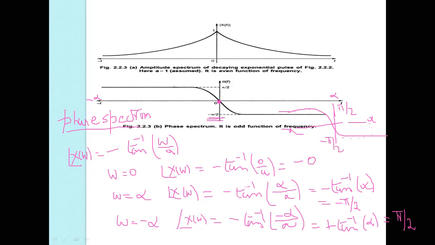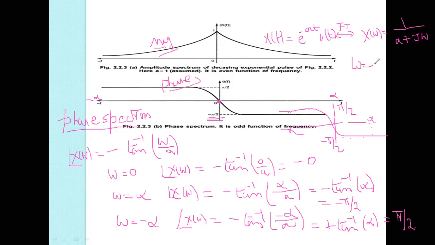For the given signal x of t is equal to e power minus at u of t, the Fourier transformation is X of omega is equal to 1 by a plus j omega, and we find its magnitude spectrum and phase spectrum for the values of omega is equal to 0, omega is equal to infinite, and omega is equal to minus infinite.